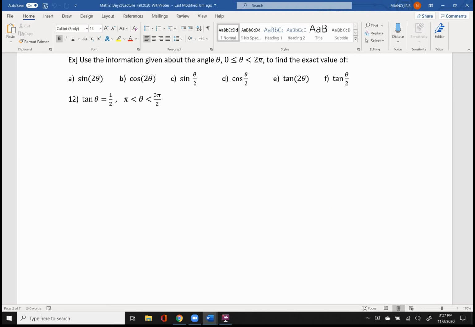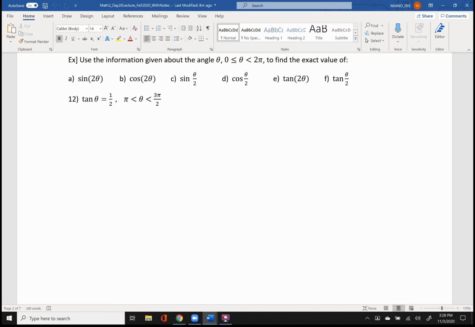So the instructions are to use the information given about angle theta, which is to say that its tangent is 1/2, and theta lives in basically the third quadrant, because theta is between pi and 3 pi over 2.